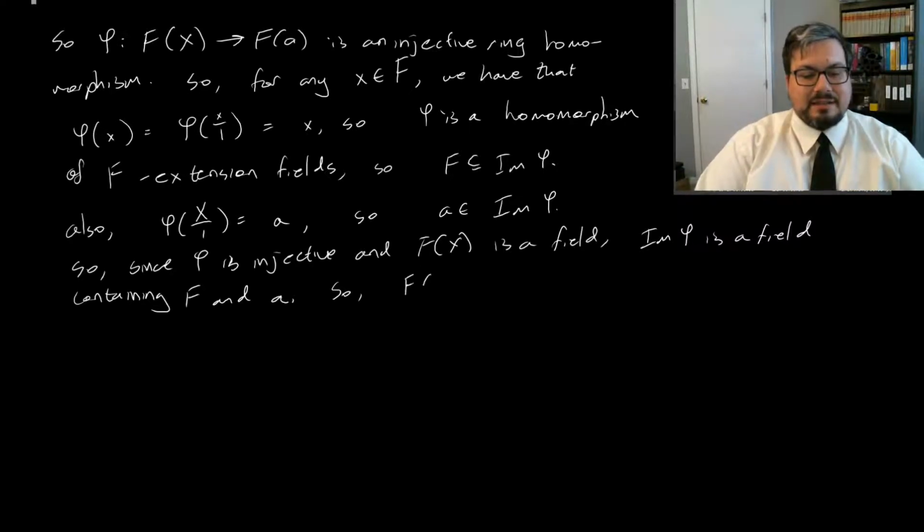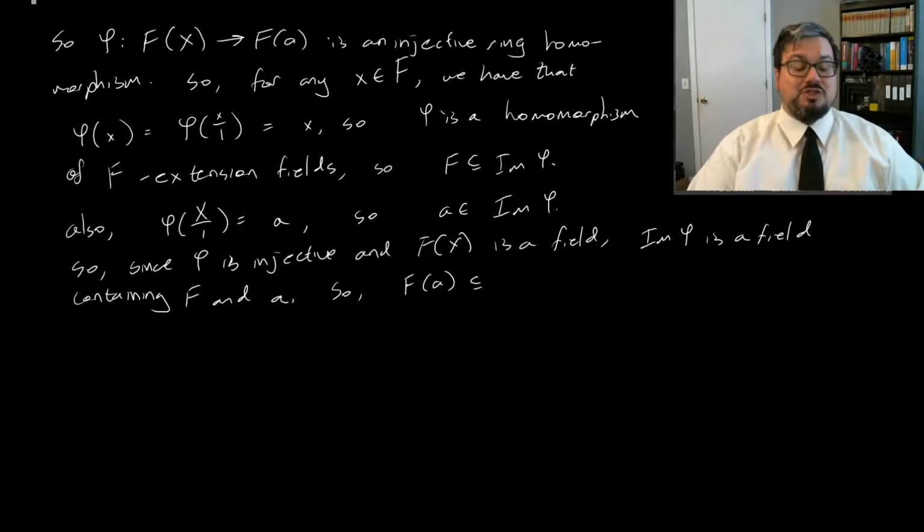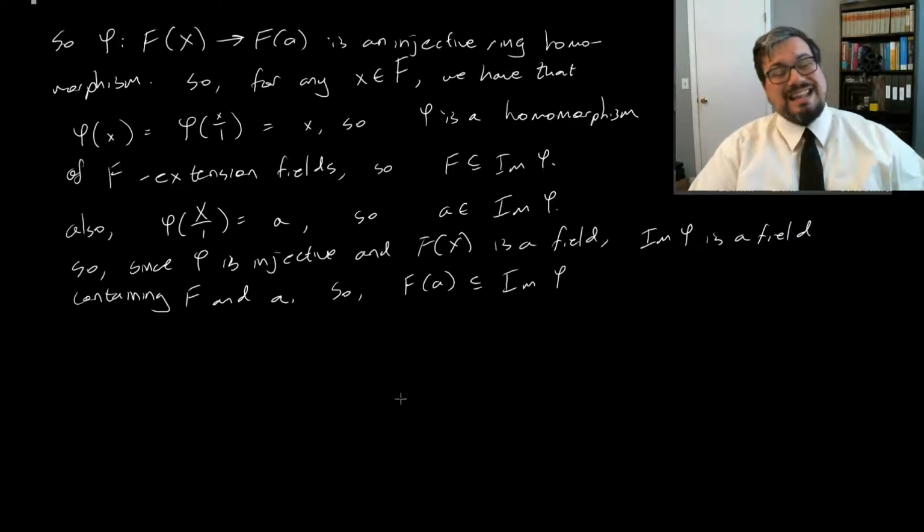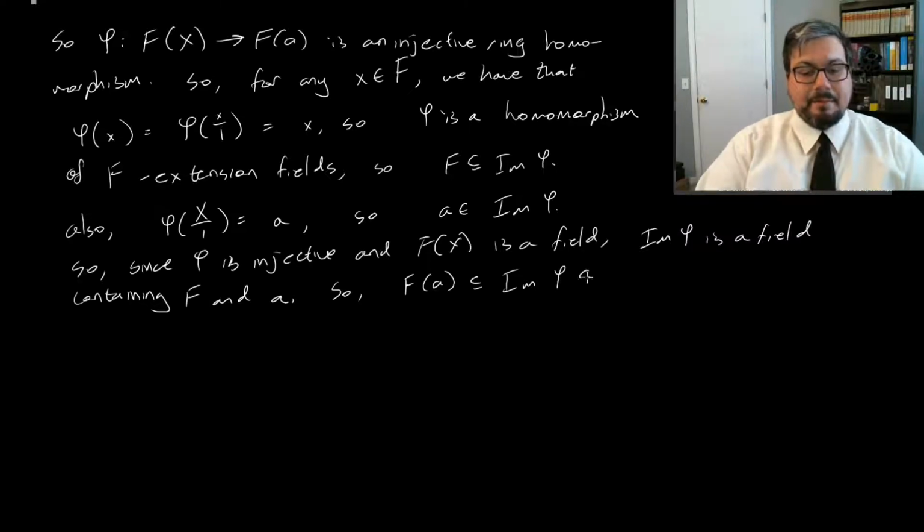This means that F(a), which is by definition the smallest field containing the field F and the element a, is contained inside the image of phi, but by definition the image of phi is contained in F(a) as well.